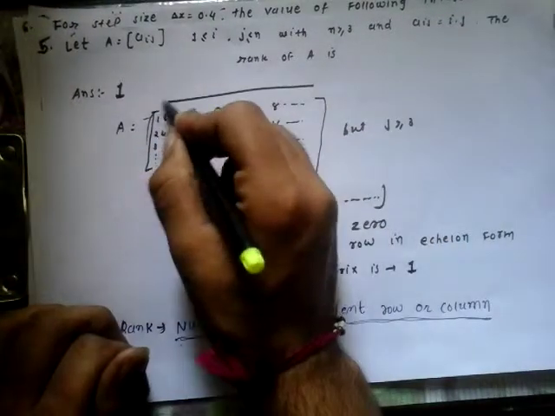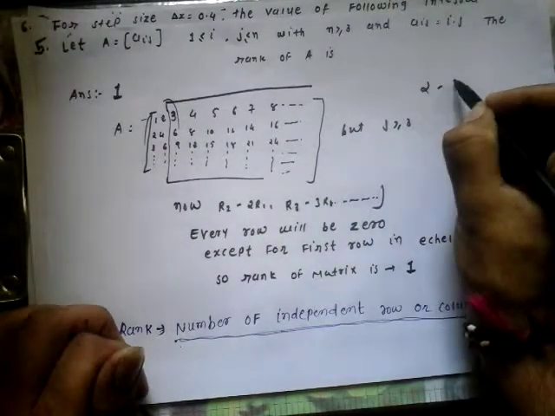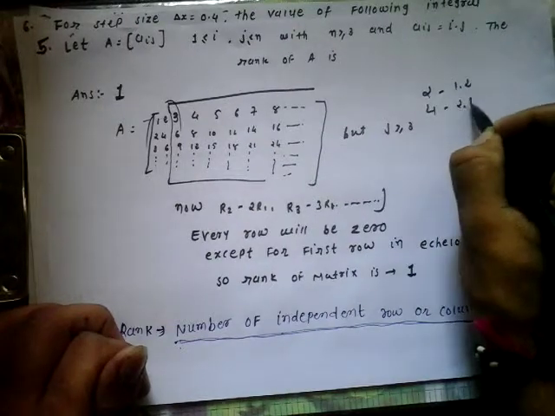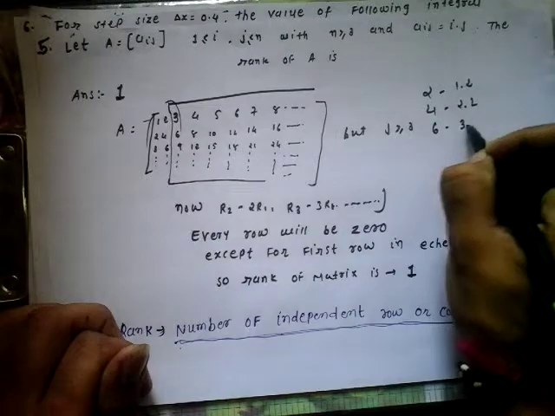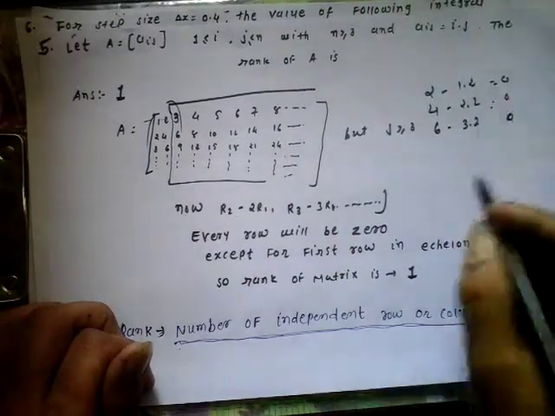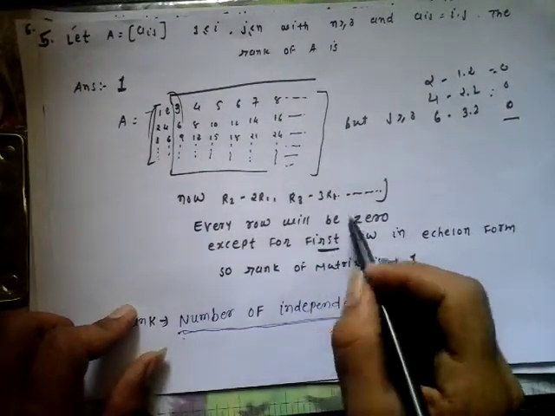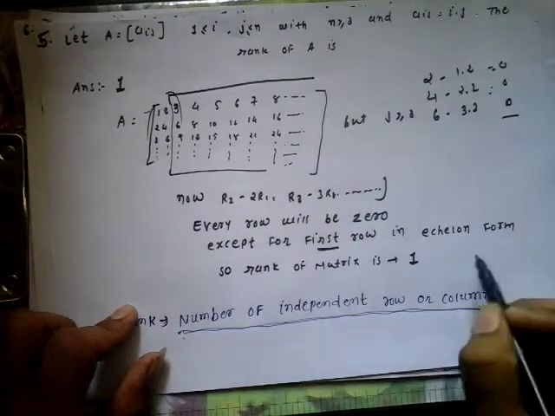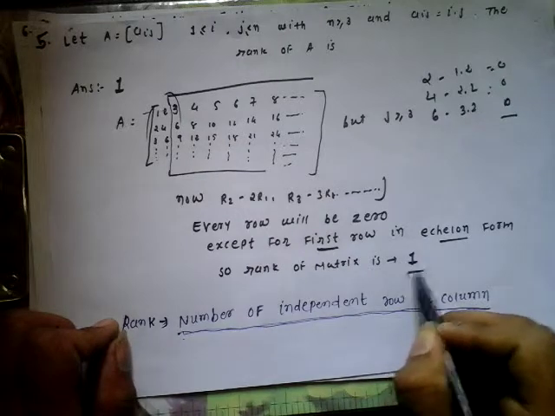Here we can apply this: 2 into 2 minus 1 into 2, 4 minus 2 into 2, 6 minus 3 into 2, all terms should be 0. Got it? So only one row remains and all other rows will be 0, and the matrix will be in echelon form. So the rank of the matrix will be 1.